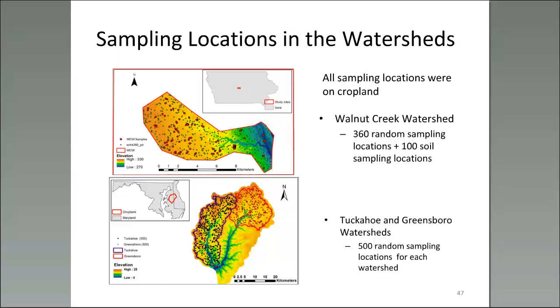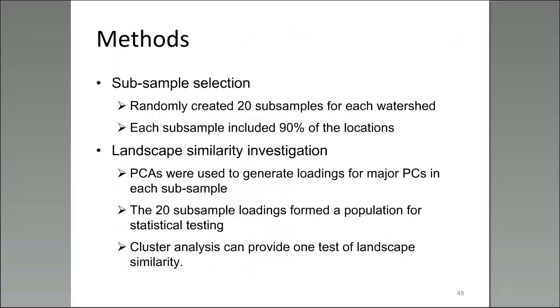We have the Walnut Creek watershed, where we had the 360 sampling locations and also 100 soil sampling locations. In Tuckahoe and Greensboro in Maryland, for those watersheds, we had 500 random sampling locations for each of the watersheds. So for each of those points, we extracted topographic parameters, and then we did our principal component analysis on those topographic parameters.